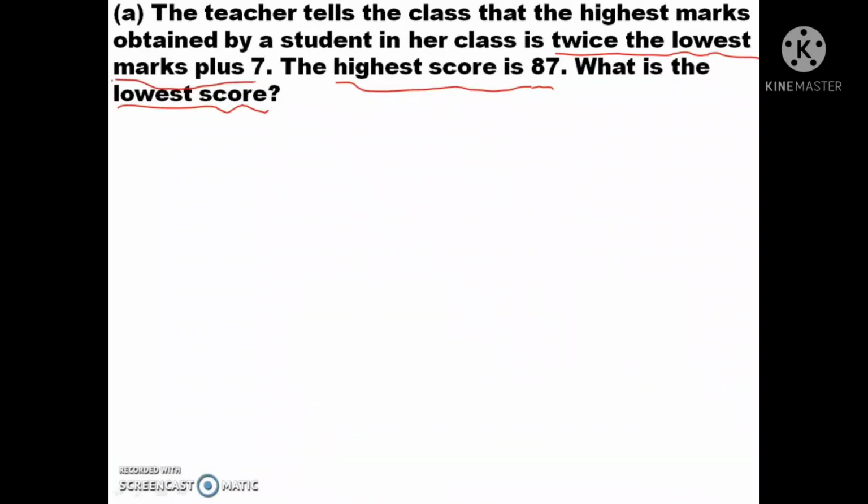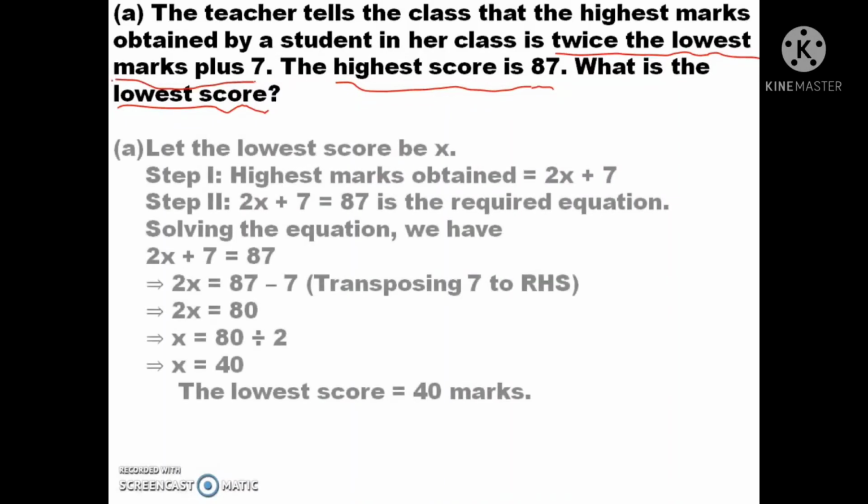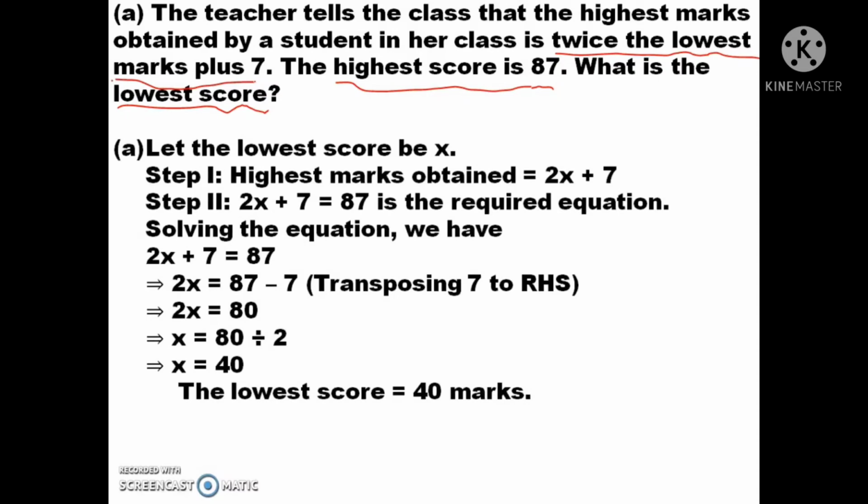Now, let us see how to write that. Let the lowest score be x. Why did you take the lowest score as x? Yes, you are asked to find the lowest score.